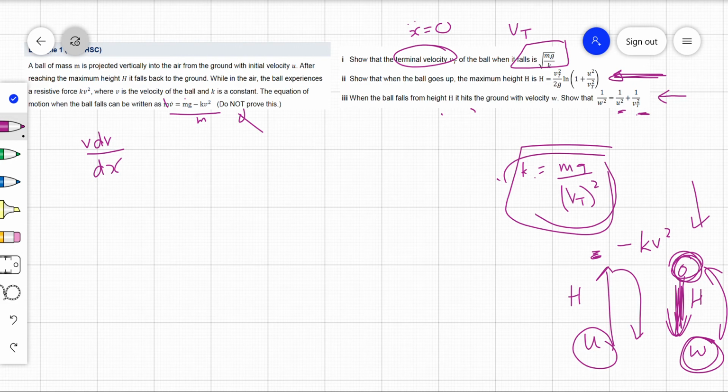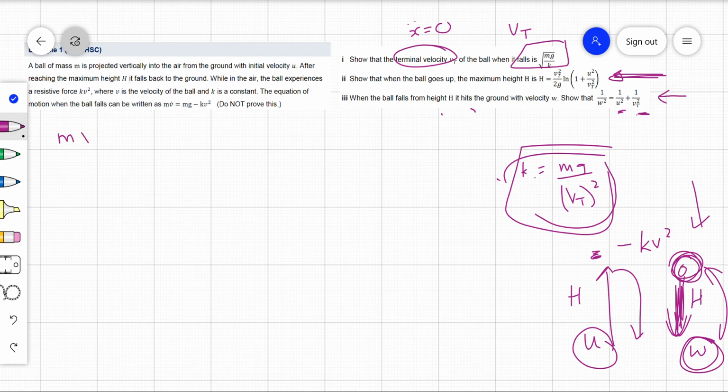So I've got v dv dx. I'm going to go to straight away. No, I won't. Okay, I'll do it properly because I'm going to confuse myself.